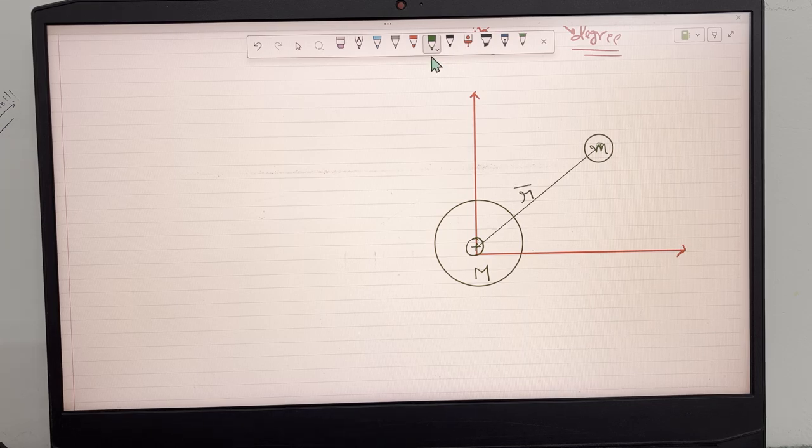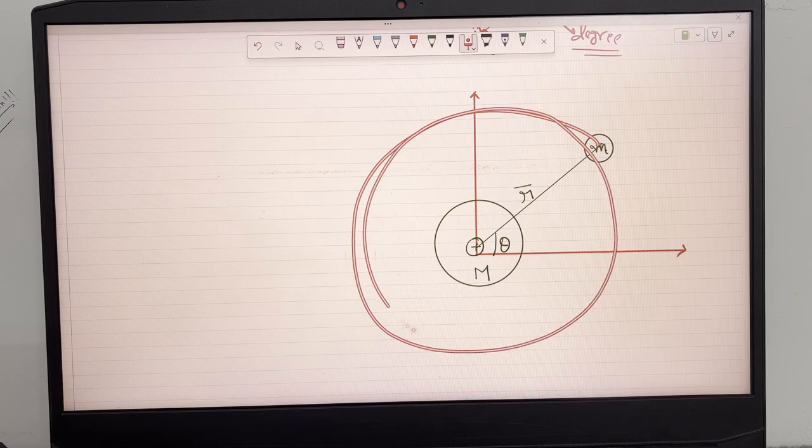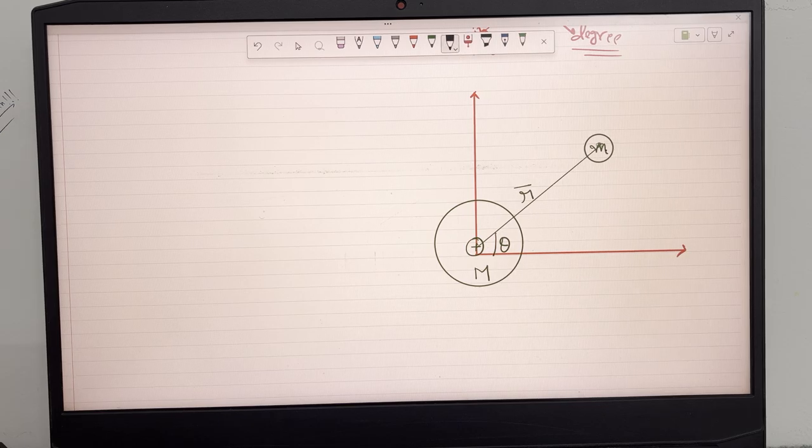Now guys, pay attention. This is at some angle, because we are considering polar coordinates, so there must be some angle. This small mass is revolving around the capital mass, so it has some velocity. Let's suppose it has velocity v.